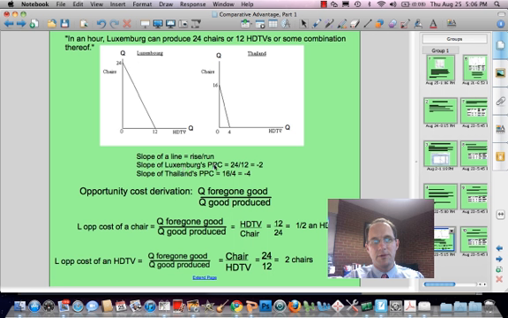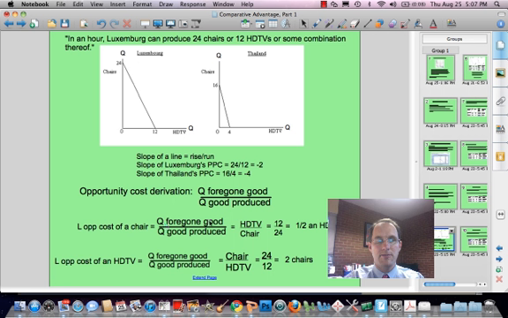The slope of Luxembourg's production possibilities curve, therefore, is 24 divided by 12, which is 2. Thailand's production possibilities curve is 16 divided by 4, which is 4. Okay, so how do we derive the opportunity cost when we have this data? Remember, it's the quantity of foregone good over the quantity of the good produced. So let's take the example of Luxembourg and the opportunity cost of a chair.